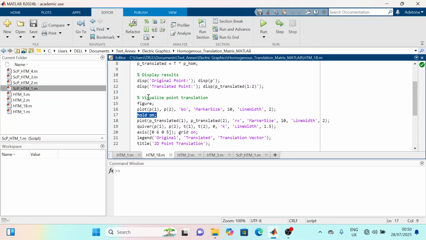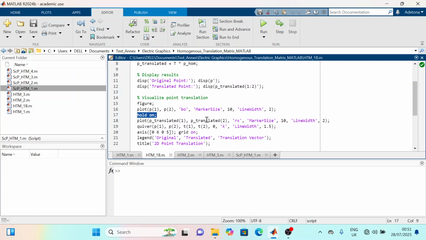Then we are now bringing in the point P that has been translated. I've told you we are going to see the point X of the translated P, and this is Y. And here we are representing this point where they try to meet.